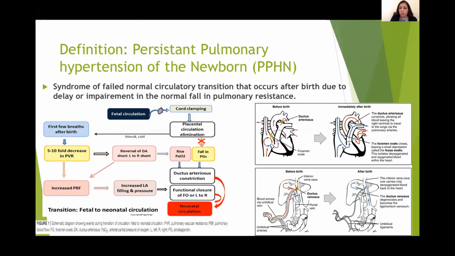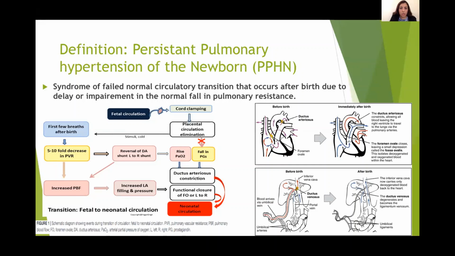As you know, in fetal circulation, we have the placenta, which has the role of oxygenation, and the blood goes through the umbilical vein to the right side of the heart. It will be mixed and go to the left side of the heart through the foramen ovale or the ductus arteriosus, the PDA. This is what happens in normal fetal life.